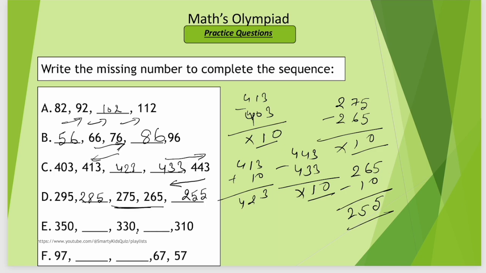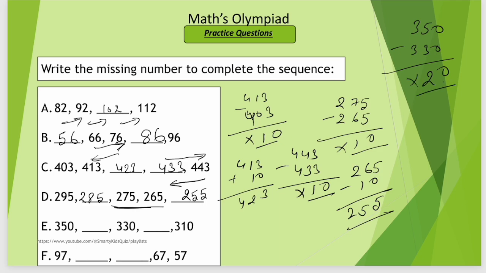Now this one: 350, 330, 310. If you put here, see 50, 30, 10. This is a little complex. You need to think, right? So if you need to do calculations, you see here, 350, okay. Now 330: 0 minus 0, 5 minus 3, 2 cancel.